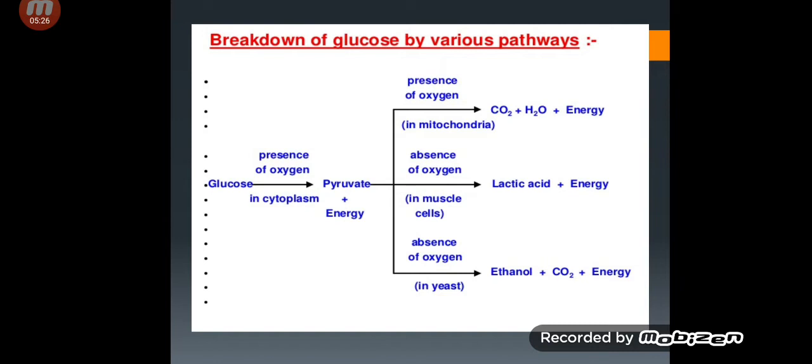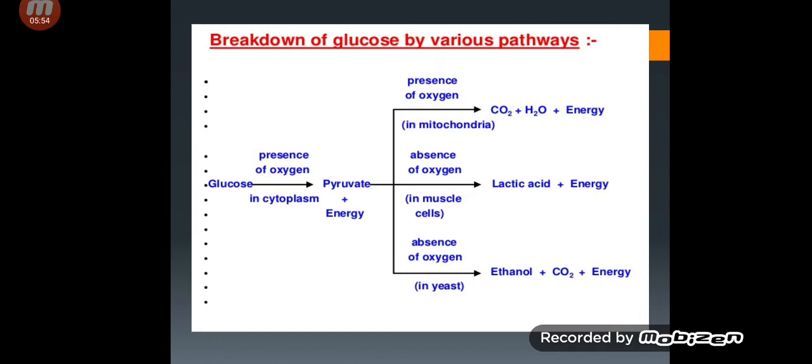You can see that glucose in the presence of oxygen in cytoplasm gets converted into pyruvate plus energy. Now this pyruvate divides into three parts. First part in mitochondria, second in muscle cells, and third in yeast. In mitochondria, in the presence of oxygen, it gets converted into carbon dioxide plus water plus energy.